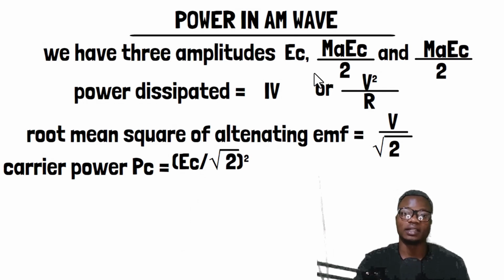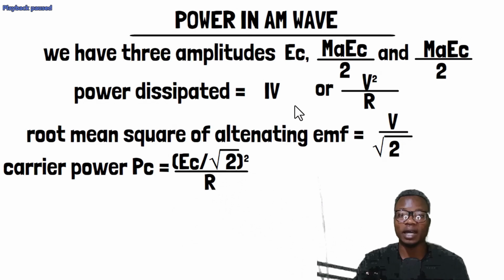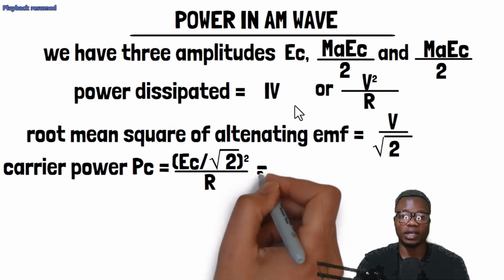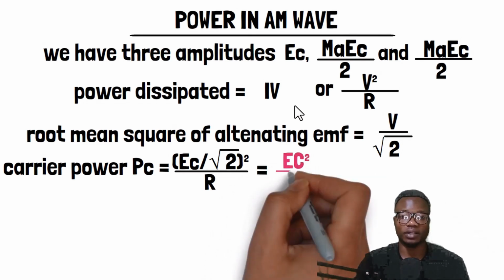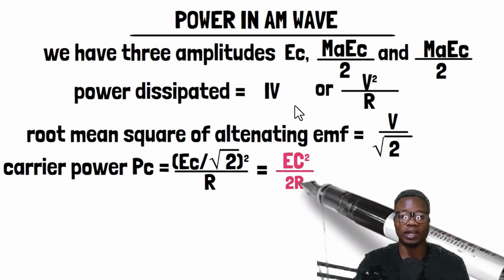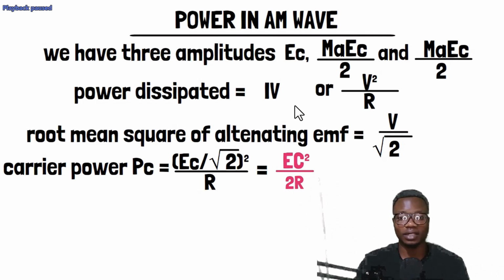So V has been substituted by EC, the amplitude substituting the potential difference, and we put a square. Then we divide by R. So this one is the power in carrier wave. So simplifying, we get EC squared over 2R. And this one is the formula of the power in carrier wave.